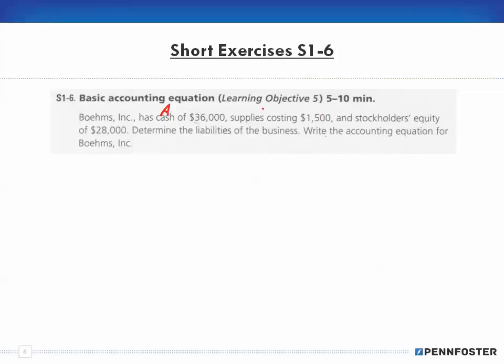Supplies costing 1,500. We're going to consider the supplies as an asset because we're talking about the accounting equation. And stockholders' equity of 28,000. Determine the liabilities and write the accounting equation for Bohms. Same thing: assets equals liabilities plus equity.